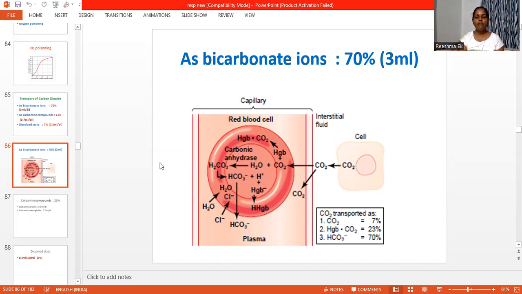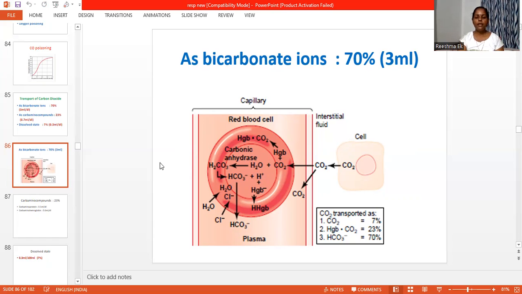Carbon dioxide from the cell enters the RBC of the tissue capillary blood, and there it combines with water and forms carbonic acid. Carbonic acid splits into HCO3 minus ions and H plus ions. Now the carbon dioxide is in the form of HCO3 minus ions. This then diffuses into the plasma of the tissue capillary blood.